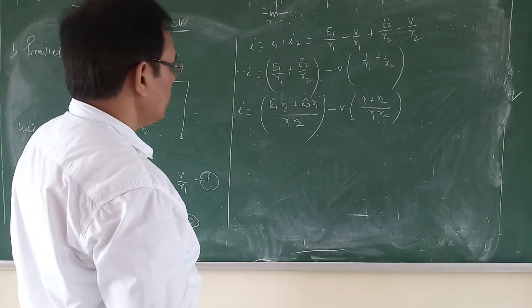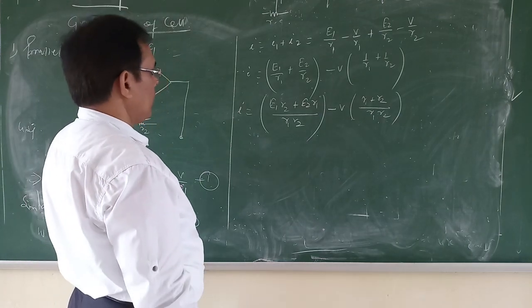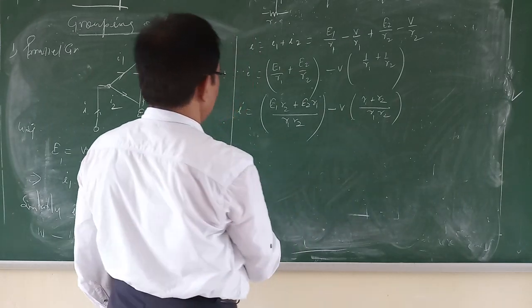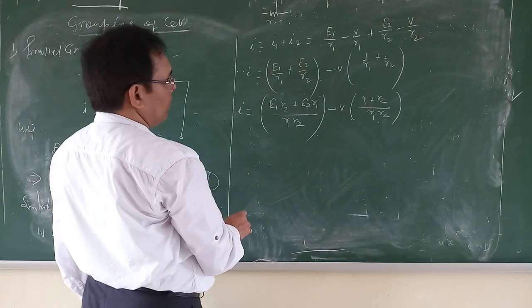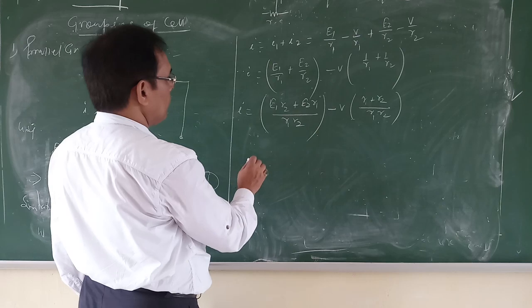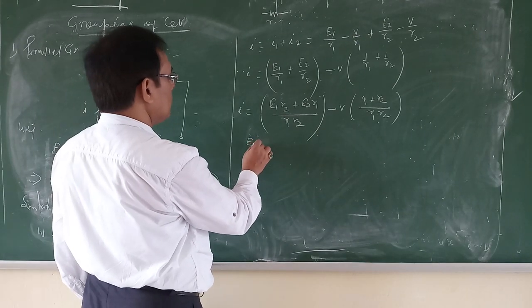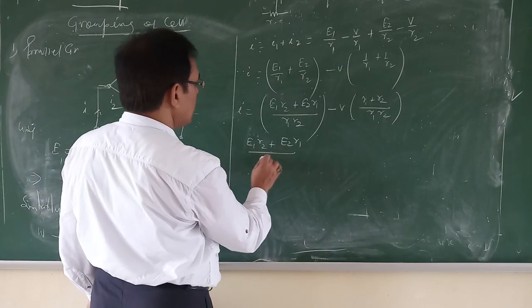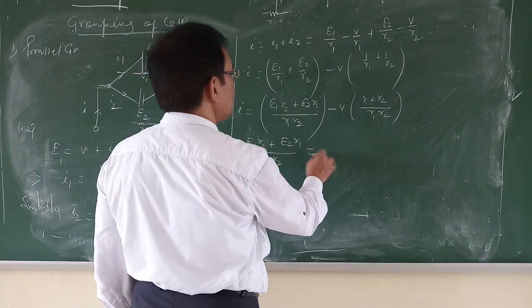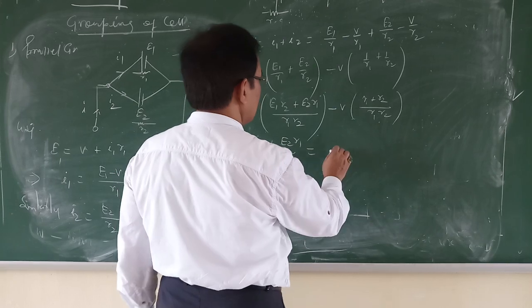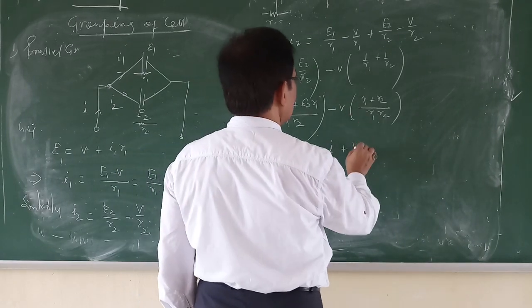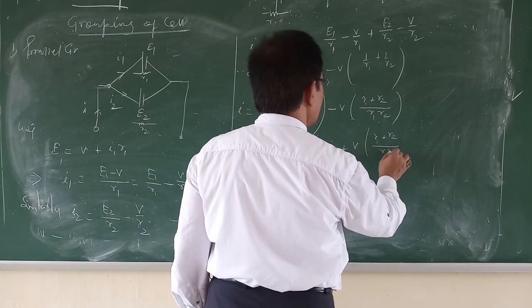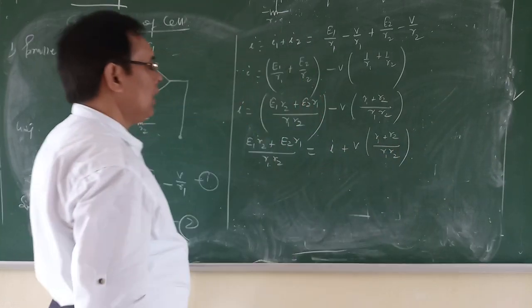And after that you write down V eliminate from here. So you can write now (E1 R2 + E2 R1)/(R1 R2) equal to I + V(R1 + R2)/(R1 R2).